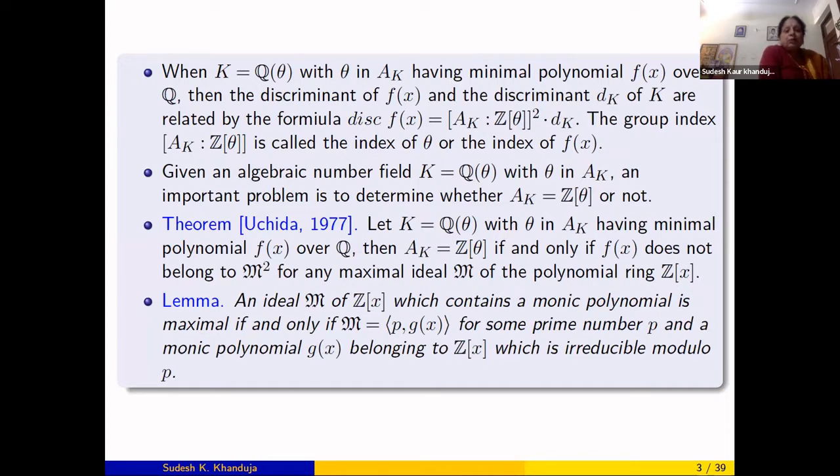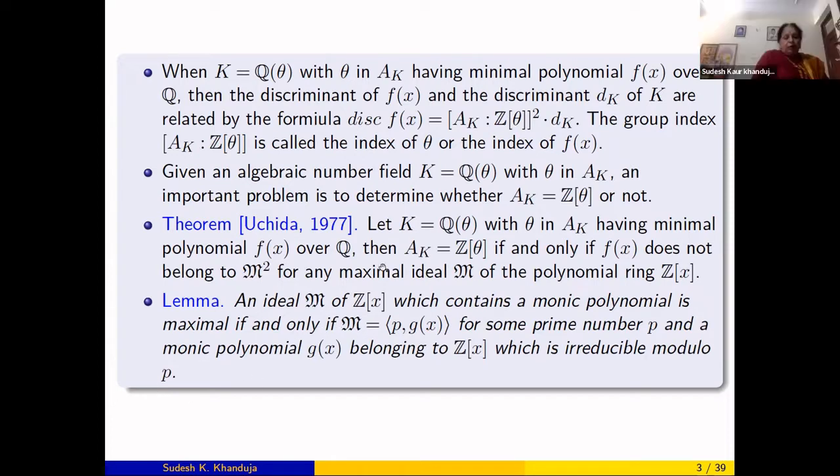Let K equal Q(theta) with theta in A_K having minimal polynomial f(x) over Q. Then A_K equals Z[theta] if and only if f(x) does not belong to M squared for any maximal ideal M of the polynomial ring Z[x].